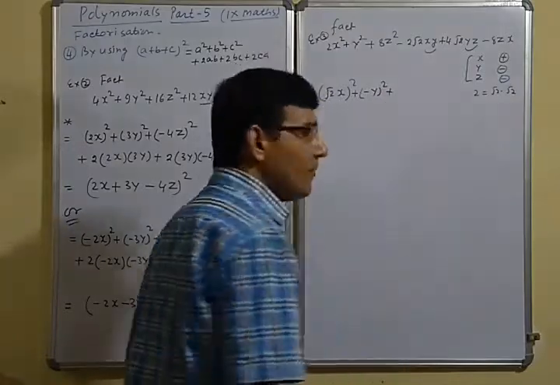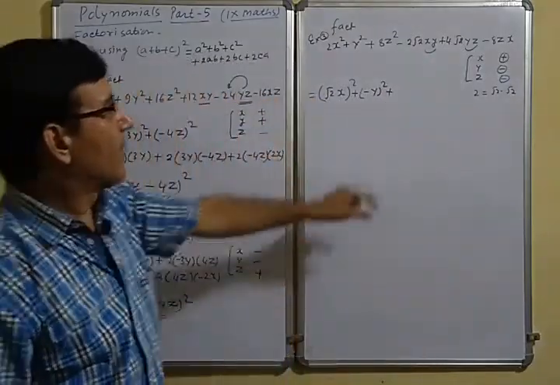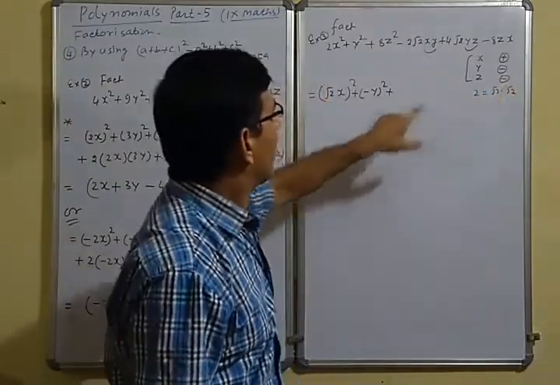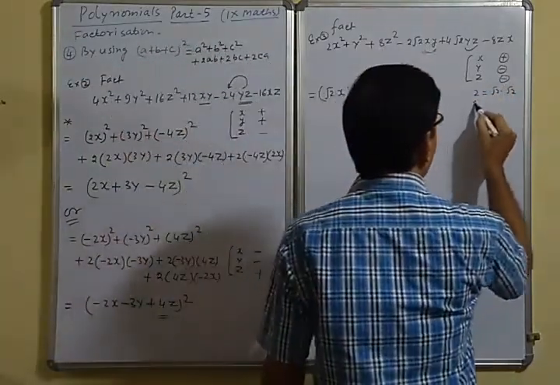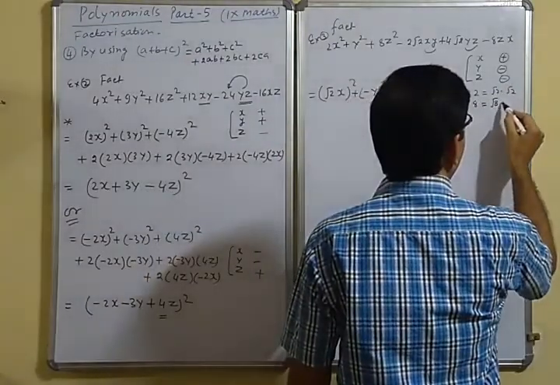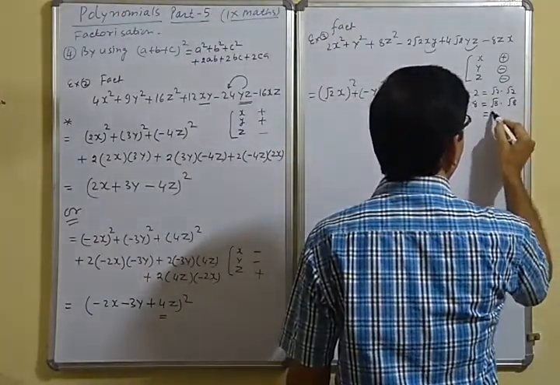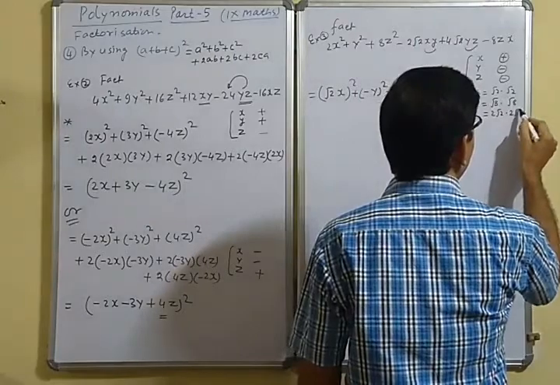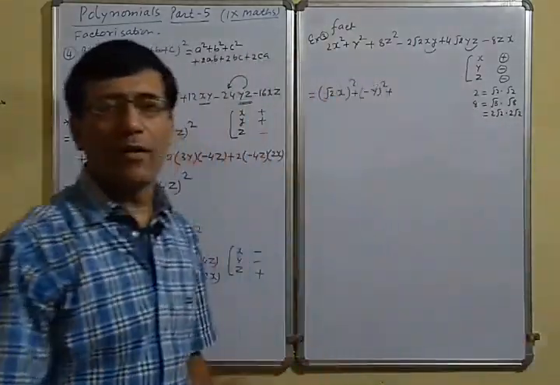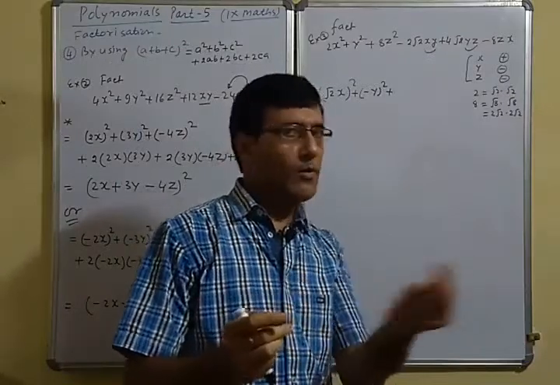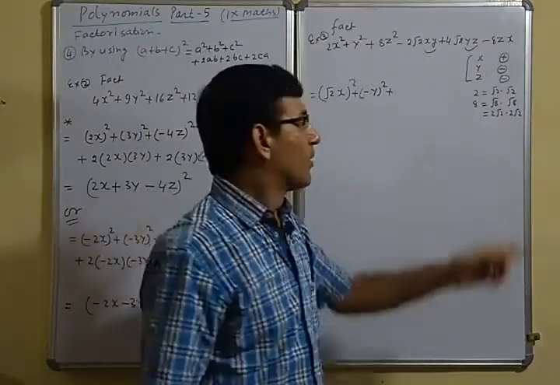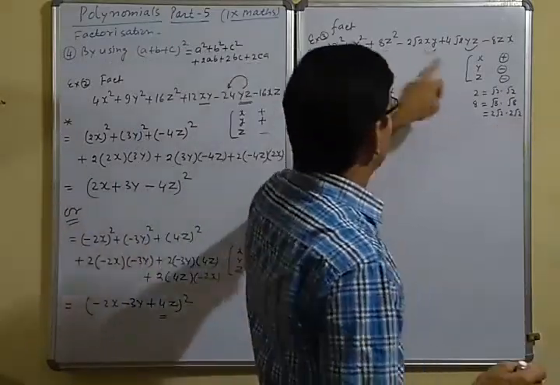Then 8z square. Sign we have taken as negative, and 8 is under root 8 into under root 8. Under root 8 means 2 into 2 into 2; 2 is in a pair, so this becomes 2 root 2. So 2 root 2 into 2 root 2, but the sign is negative.